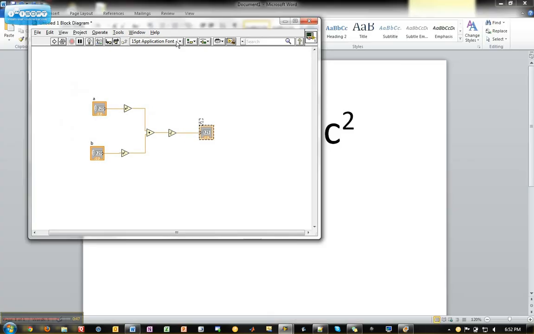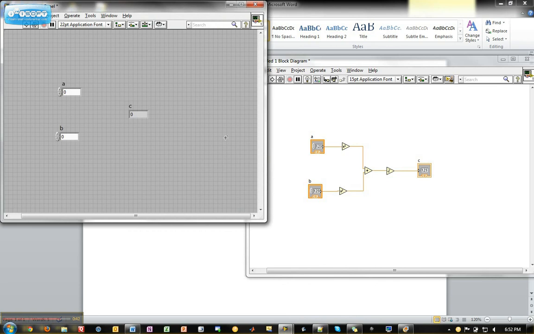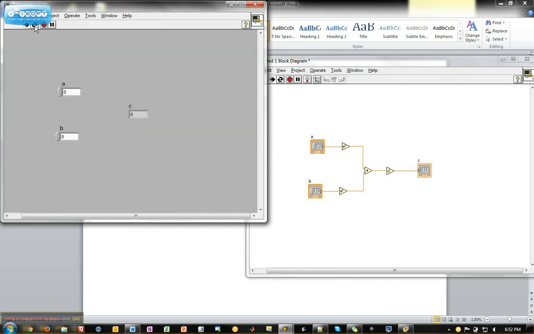Alright? And then what we can do over here is run the program, and let's throw in side A, 3. Then side B, 4, and you get 5. 3 squared is 9, plus 4 squared is 16.